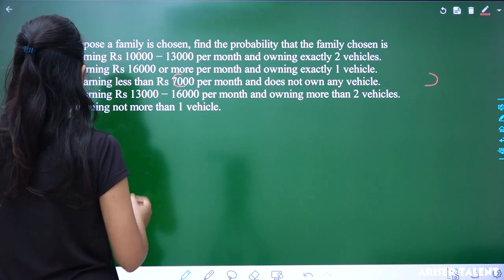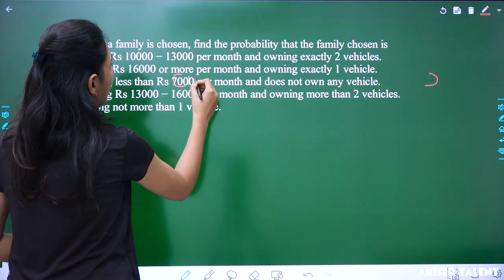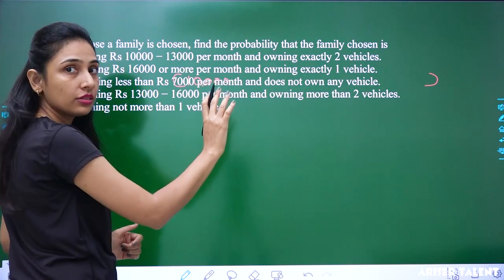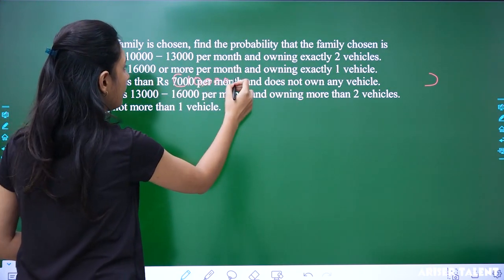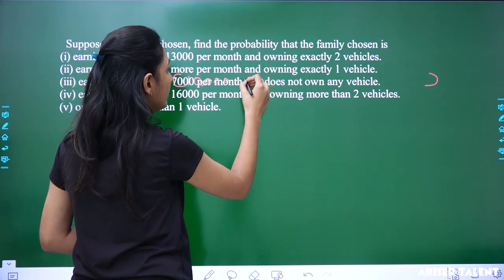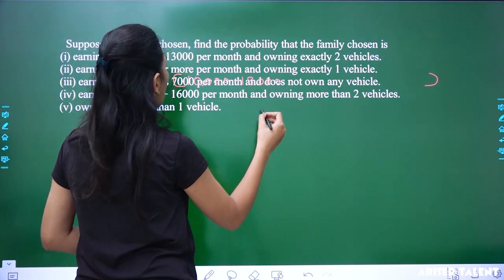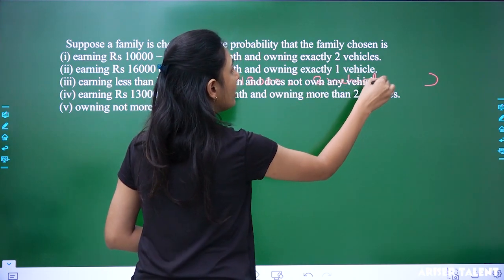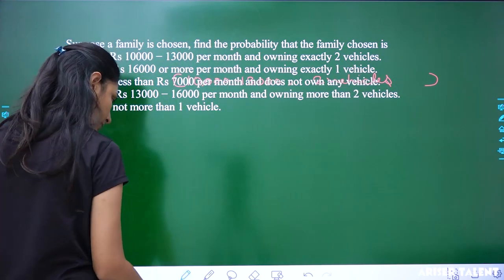So in that case, you are having 10,000 to 13,000 and 2 vehicles. If it's not visible to you guys, no worries, because I'm just repeating it here. Okay, that is what has been asked.